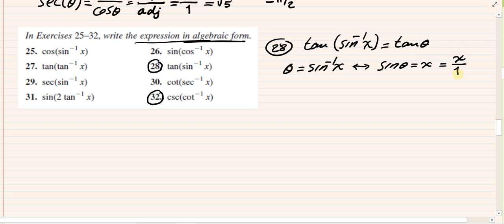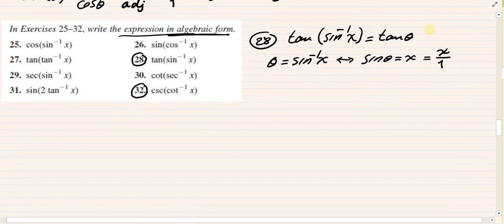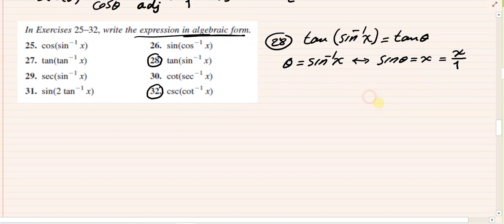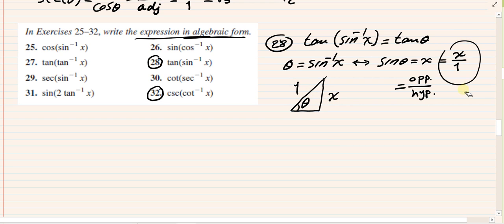I'm going to think about the definition of sine, which in a triangle is the ratio of opposite to hypotenuse, isn't it? So I'm going to draw my triangle like this. Here's theta. Opposite is x, hypotenuse is 1. That's how I get this ratio.